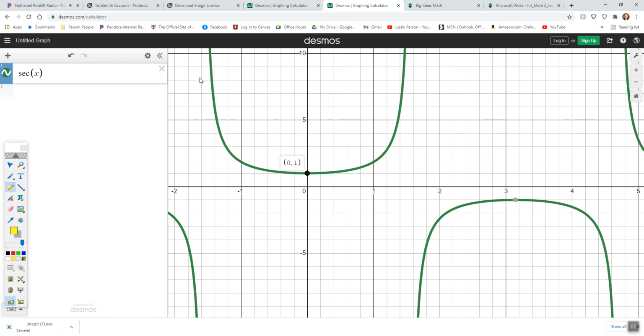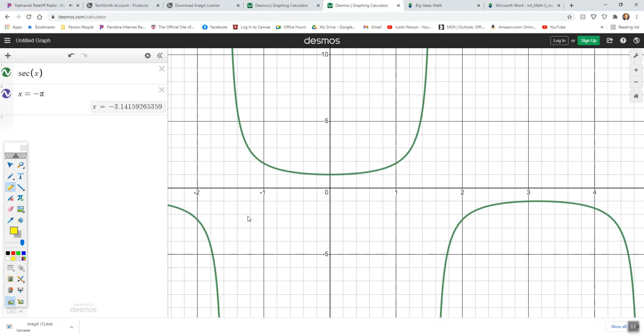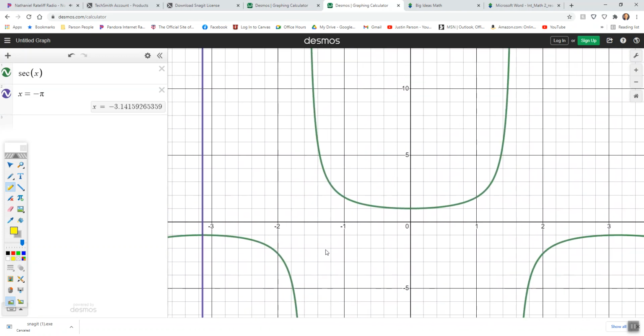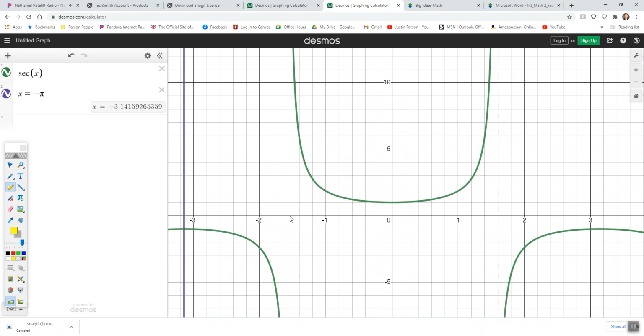So it looks like your first parent function is going to range from, it's 2 pi long, so negative pi to the left, or pi over 2. Hang on a second, I'm sorry, I've got that wrong.